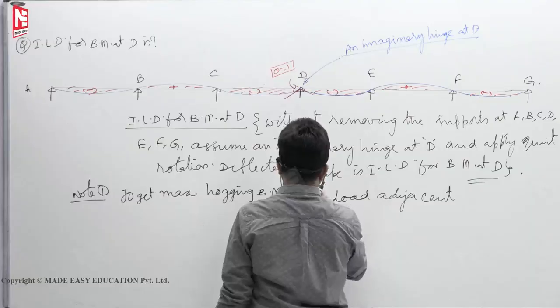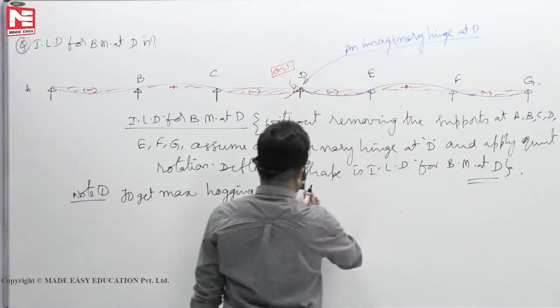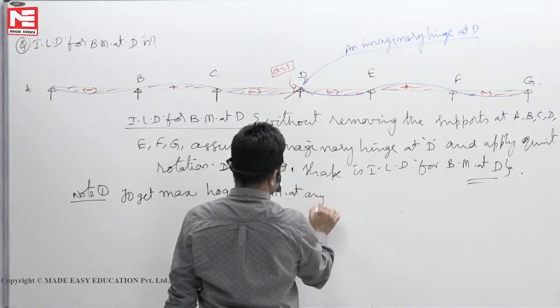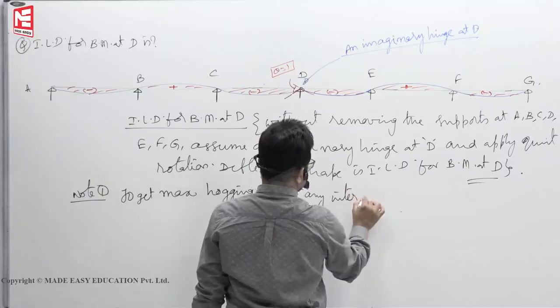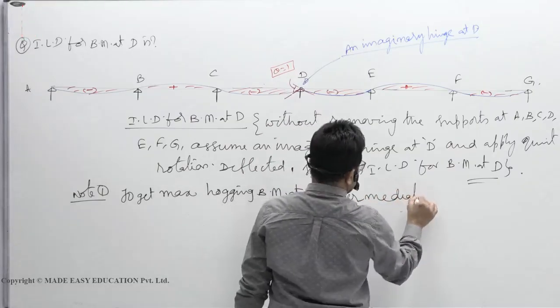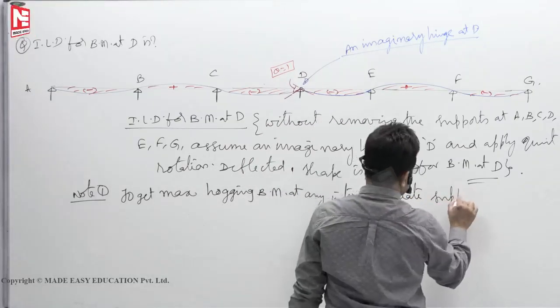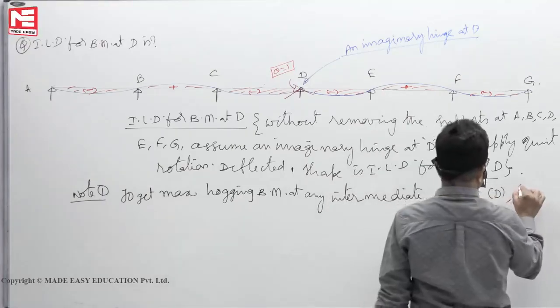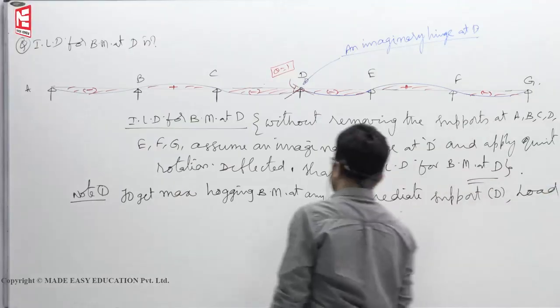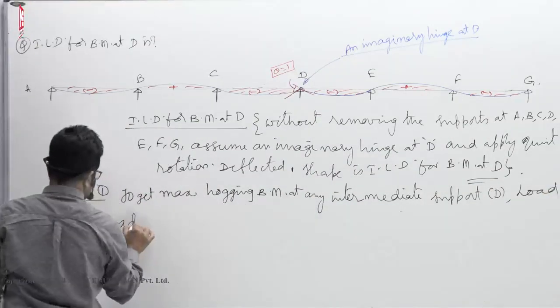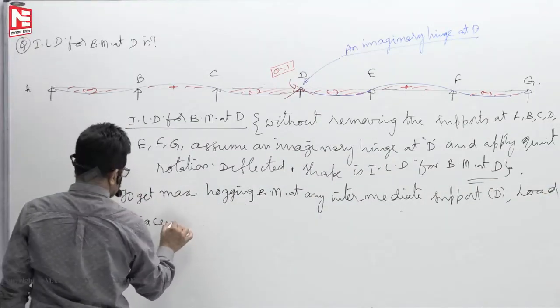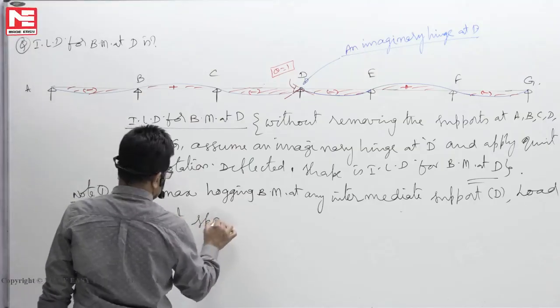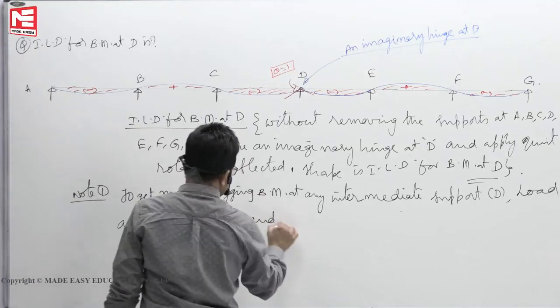We can say, we'll write more like this. At any intermediate support, like say D, load adjacent spans and alternate spans.